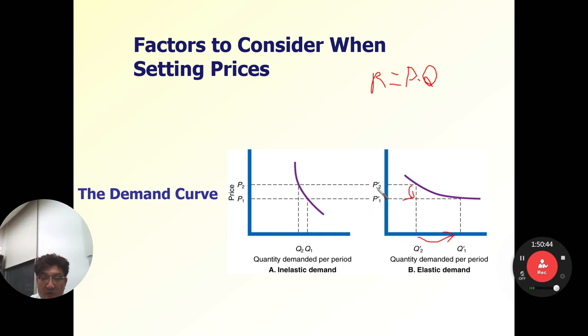But when we decrease the price to P1, our revenue is about this. Which one is bigger? Yes, obviously P1, Q1. This is the bigger rectangle. So in this case, our revenue increases when we decrease the price, because it increased the quantity.